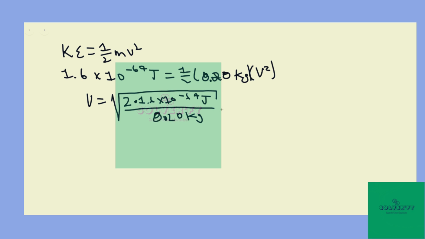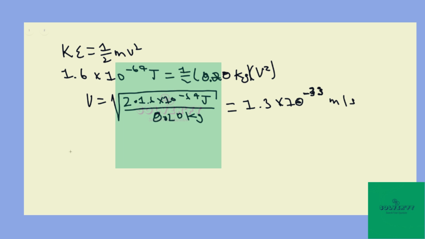Going through these calculations, you get 1.3 times 10 to the minus 33 meters per second. Now, the second part of part B is how much time would it take at this speed for the ball to move from one side of the table to the other.